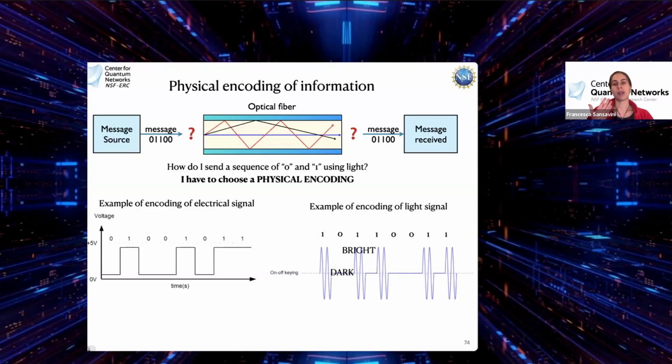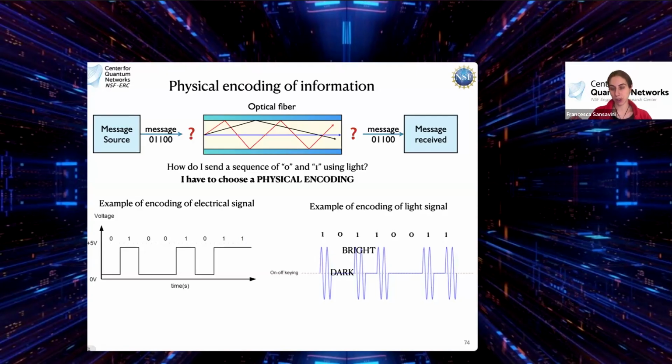For example, for light through an optical fiber, we can encode 0 and 1 using this on-off keying method, which is, in a given time window, our 0 is the absence of light and our 1 is the presence of light. So we have a dark and a bright state to indicate our 0 and 1. And again, this is not the only choice possible.